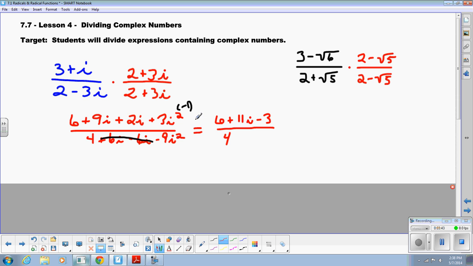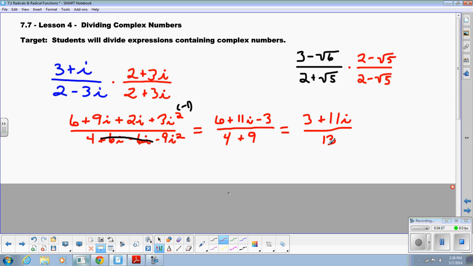So negative 9 times negative 1 is plus 9, equals. All right, so now I'm going to see what I can do on the top. Now on the top, I have 6 plus 11i minus 3, so that is 3 plus 11i all over 13.